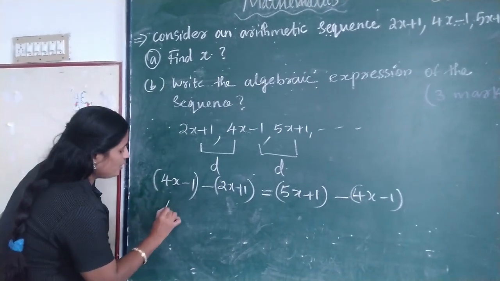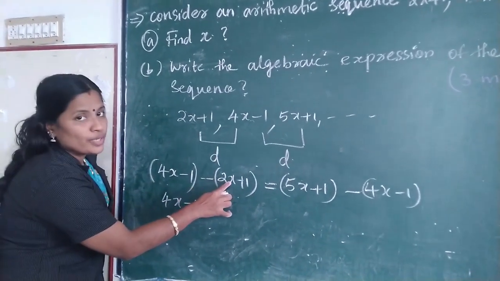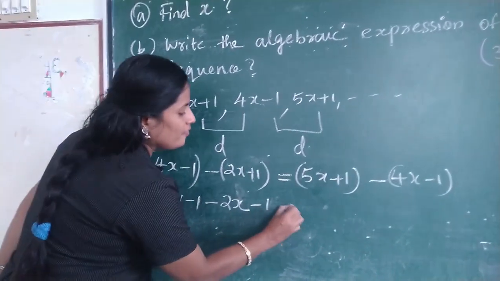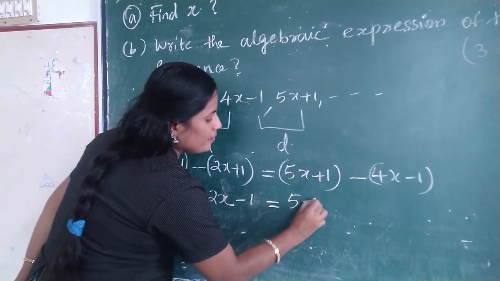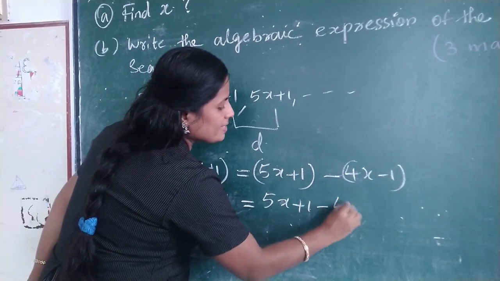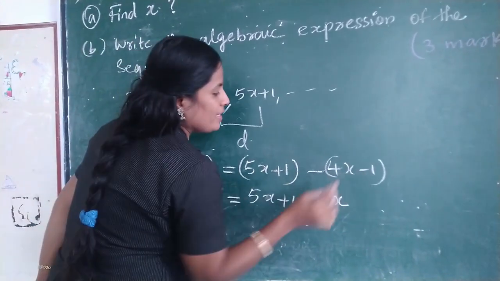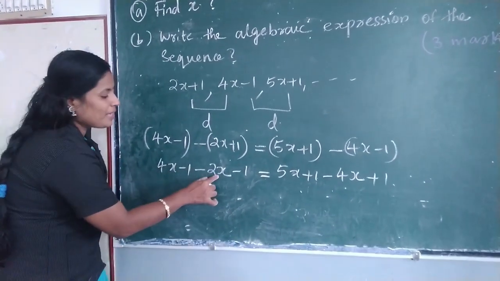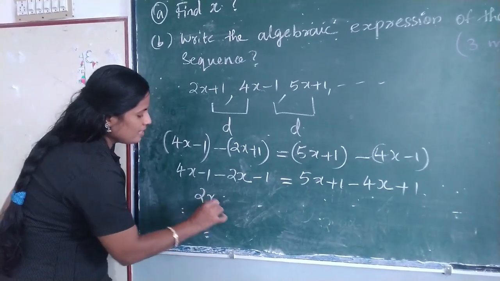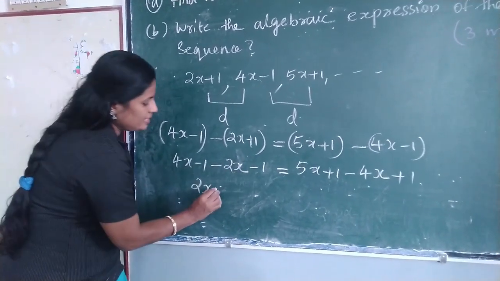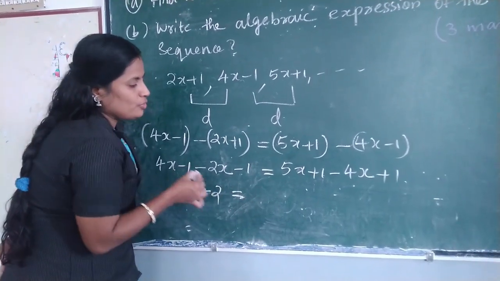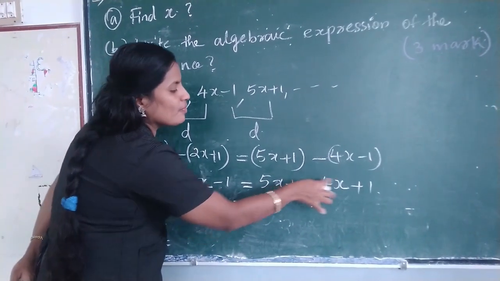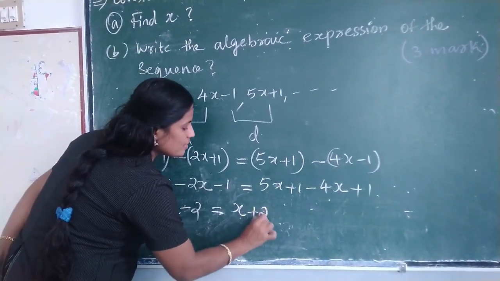Okay, 4x minus 1 minus into 2x, minus 2x, minus into plus 1, minus 1, which is equal to 5x plus 1 minus into 4x, minus 4x, minus into minus 1, plus 1. Okay, then 4x minus 2x, 2x, minus 1 and minus 1, that is minus 2, which is equal to 5x minus 4x, 1x, plus 1 and other plus 1, it is 2.